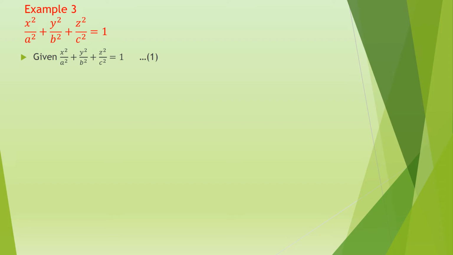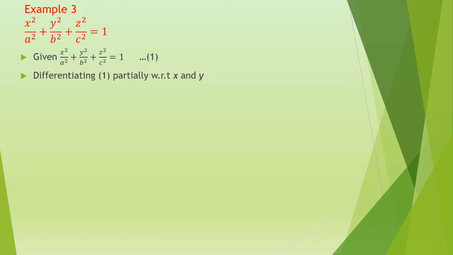So first let me take the given equation as equation number 1. First differentiate equation 1 partially with respect to x. What we get? Derivative of x square by a square will be, here 1 by a square is constant, derivative of x square will be 2x, plus y square by b square will be constant, so its derivative is 0 because we are differentiating with respect to x partially.